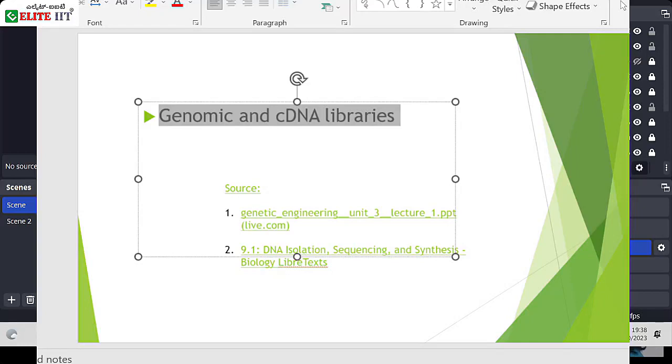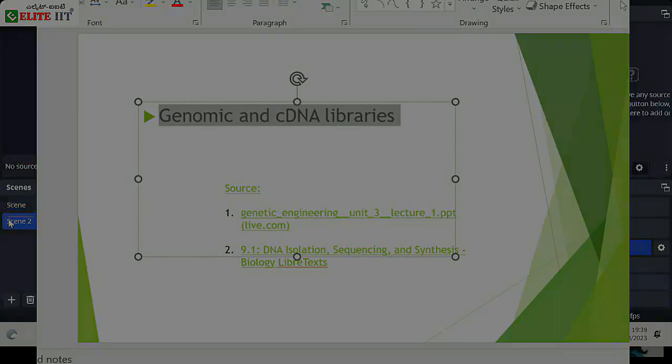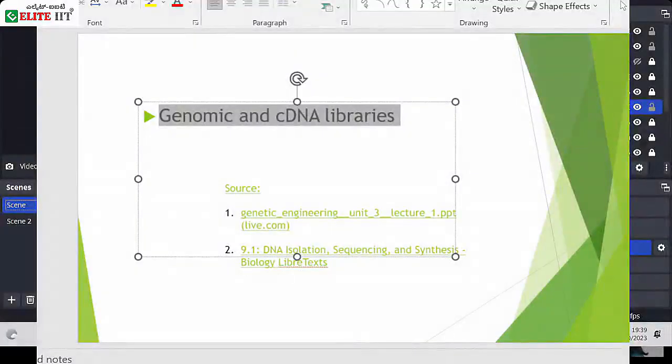I am not visible, right? Yeah. PPT is visible, but I am not visible. Give me 1 minute. Some setting problem is there. Why is it not coming? Don't know what happened.